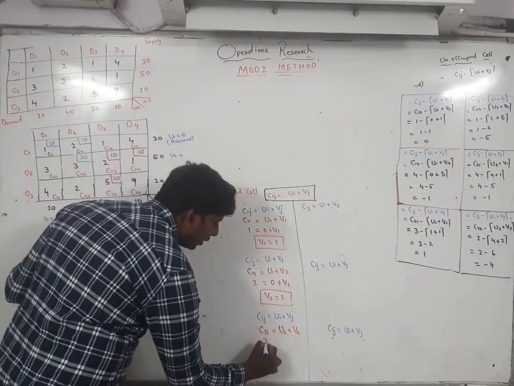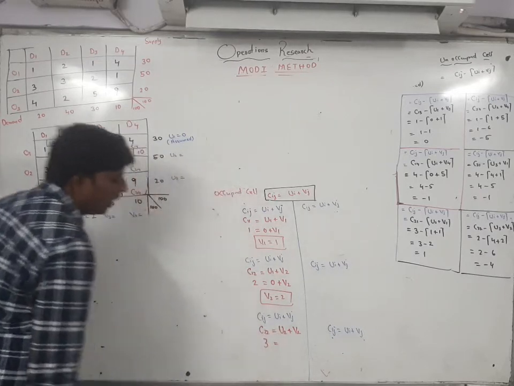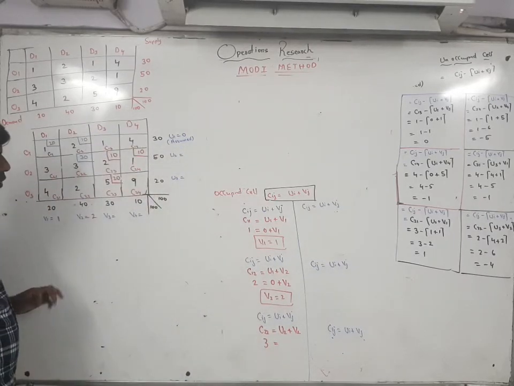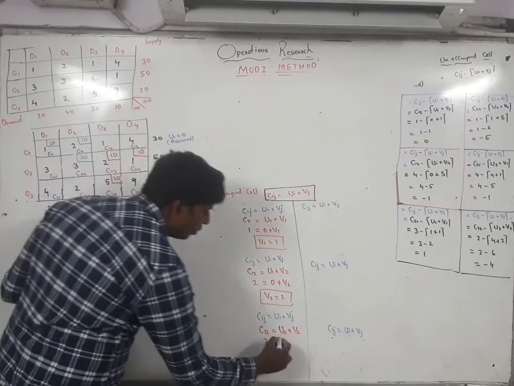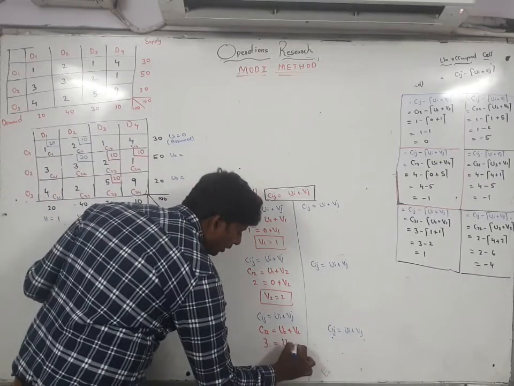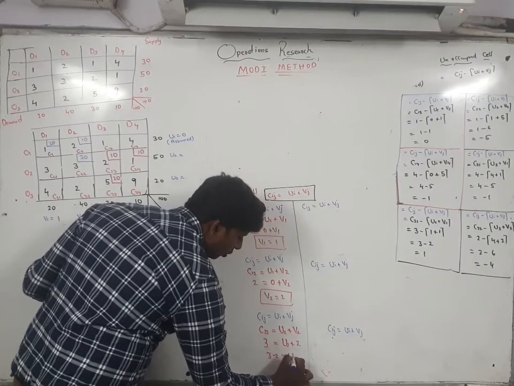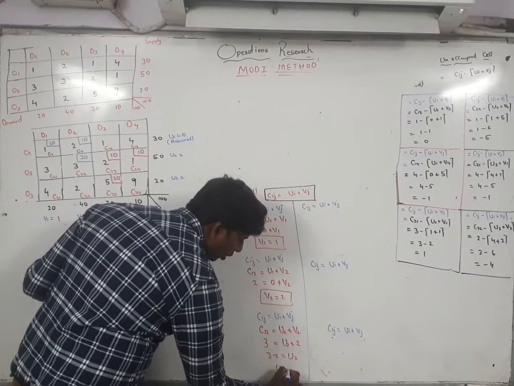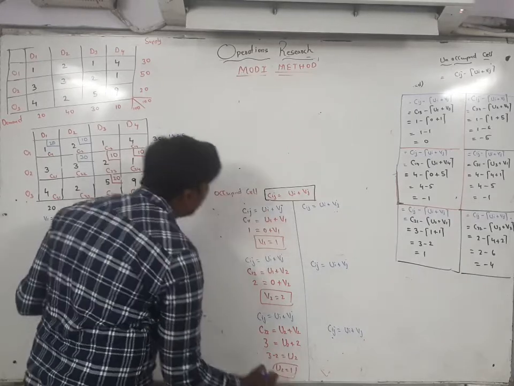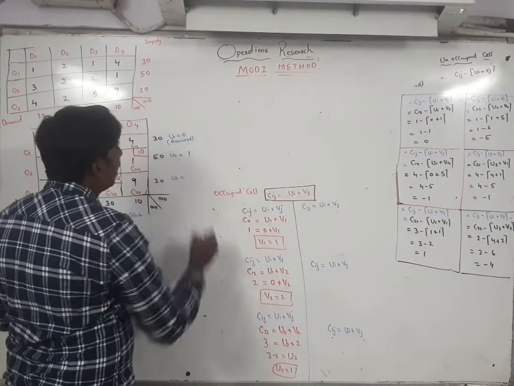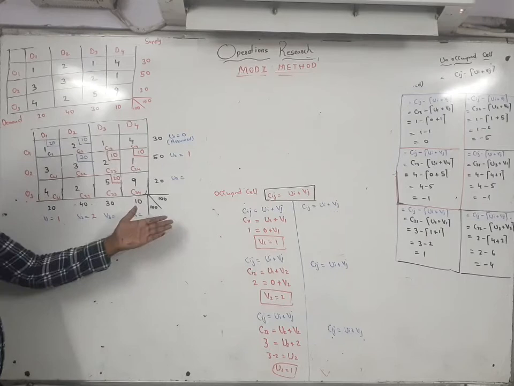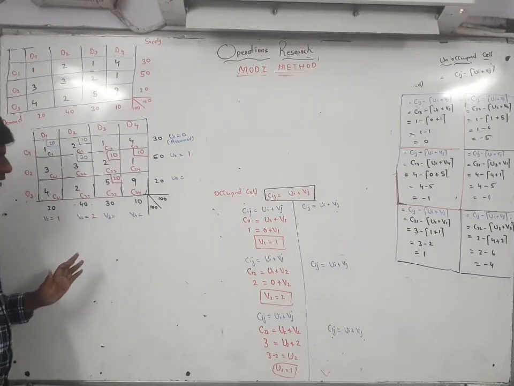So I will write here 3 is equal to U2, whose value you don't know. Write U2 as it is. V2 value is 2. So 3 minus 2 is equal to U2. U2 value is 1. So write here 1. This is for the occupied cells, 1, 2, 3.